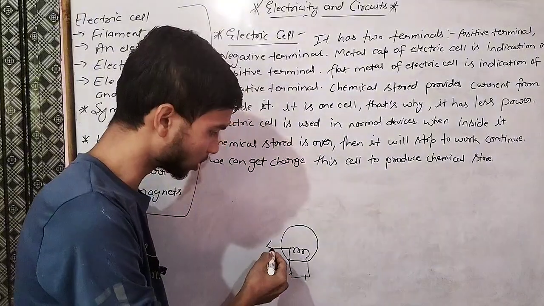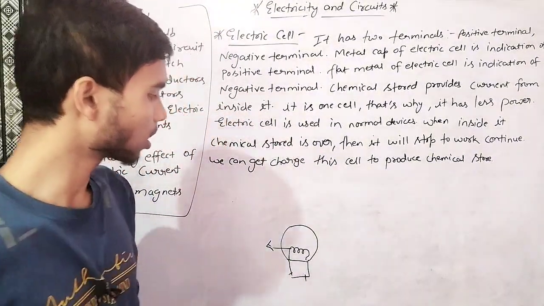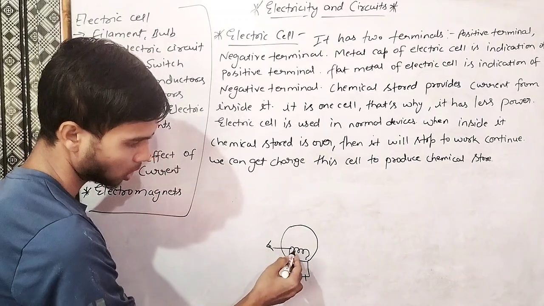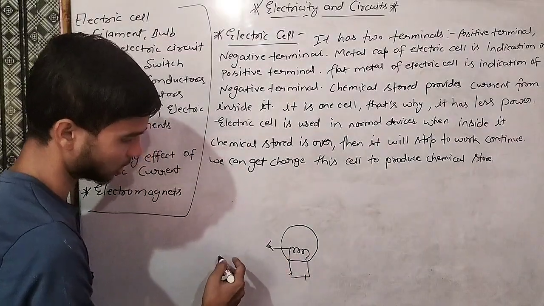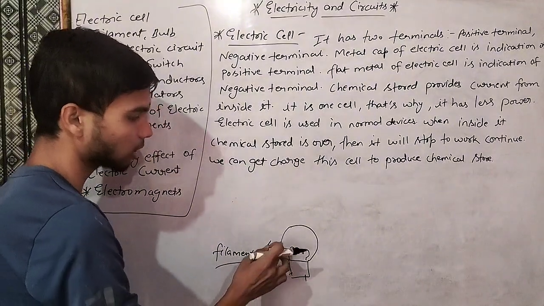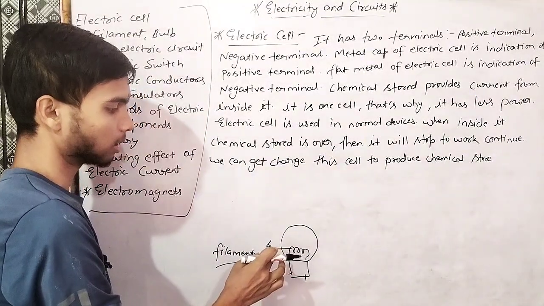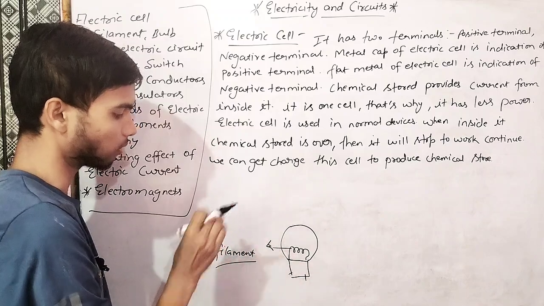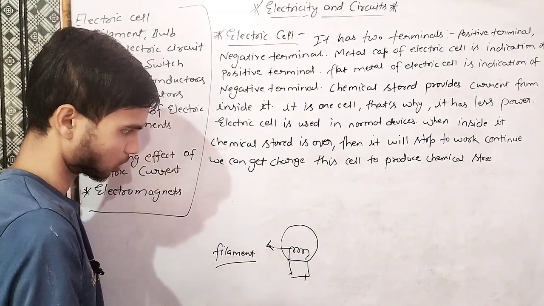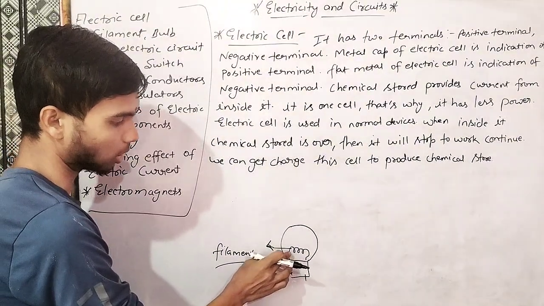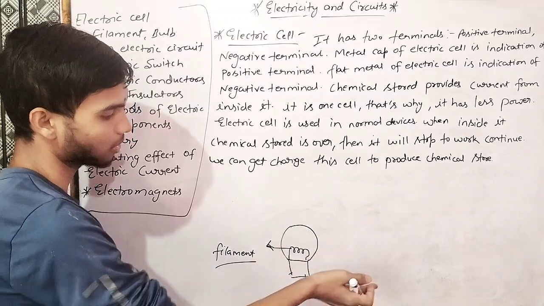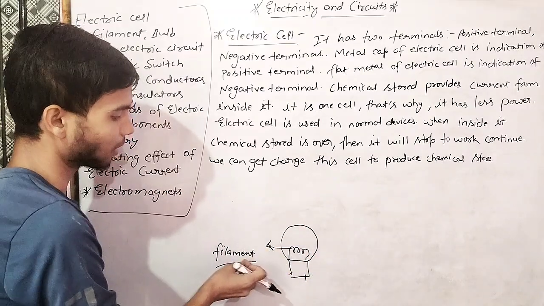Now let's understand all these factors. What is this curved wire? It is a filament. The curved wire seen inside the bulb is the definition of a filament.